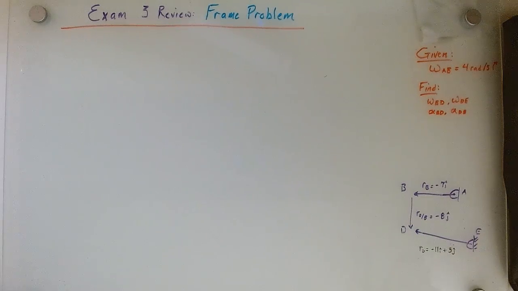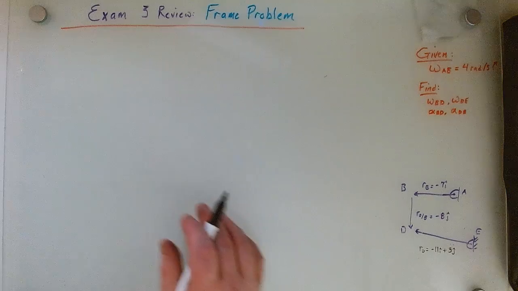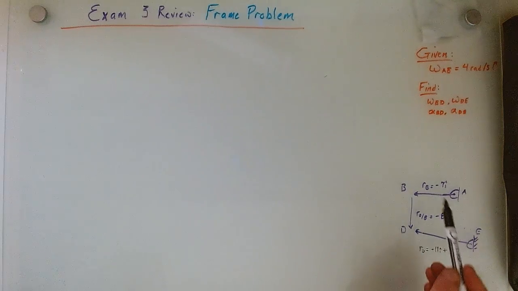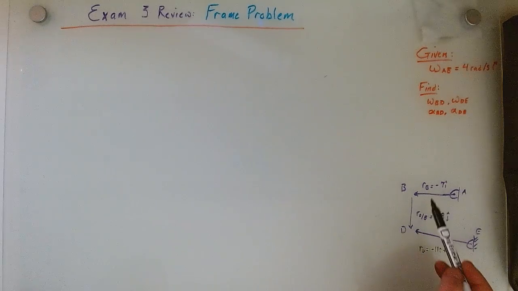Okay, all right, so as promised, we're going to do this a little bit differently. I have taken the liberty of drawing the vectors for what the book calls the vector method. It is actually not a thing, but it does kind of make things easier. So the vector method is this. In order to solve this, we know the rotation of member AB.